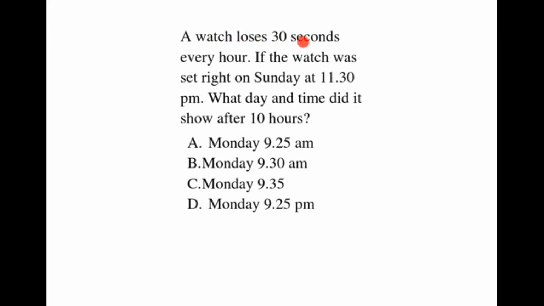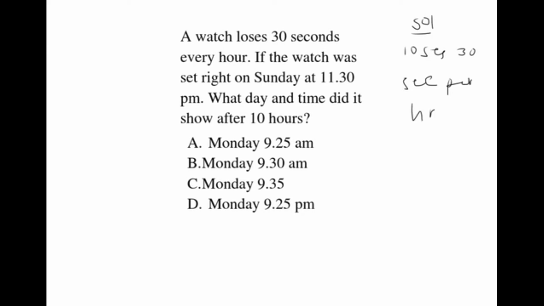A watch loses 30 seconds every hour. If the watch was set right on Sunday at 11:30 p.m., what day and time did it show after 10 hours? Solution. So we are told that the watch loses 30 seconds every hour.